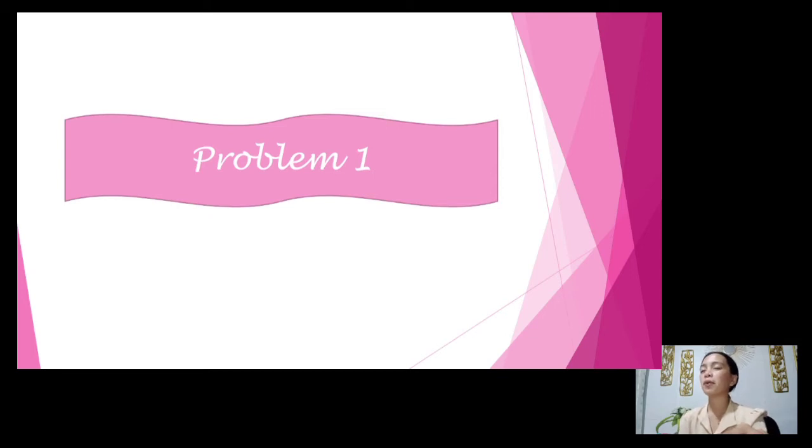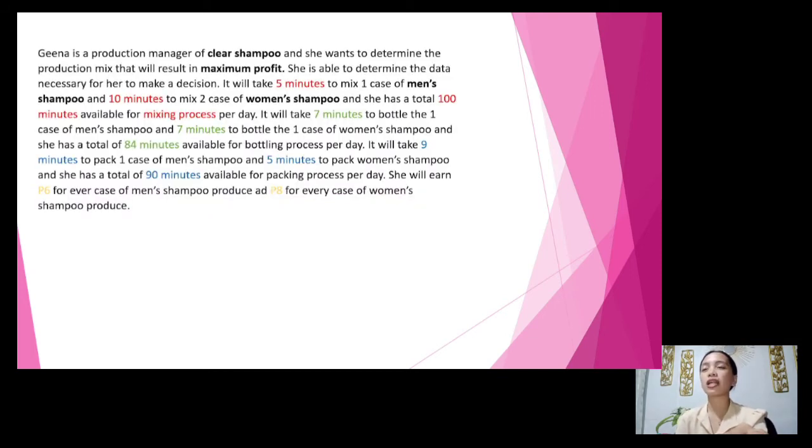Gina is a production manager of Clear Shampoo, and she wants to determine the production mix that will result in a maximum profit. She is able to determine the data necessary for her to make a decision.